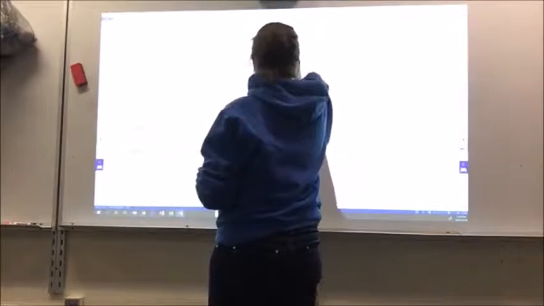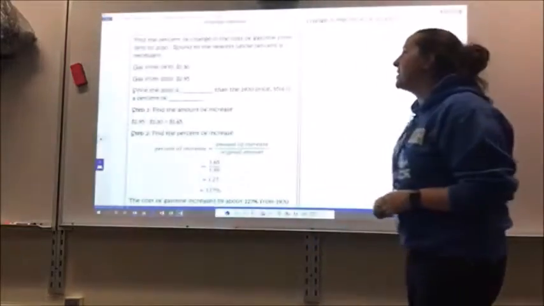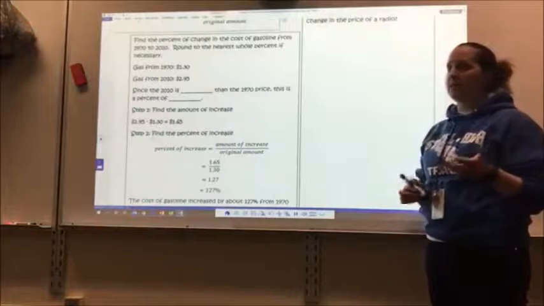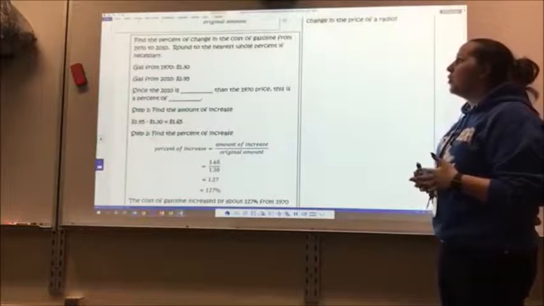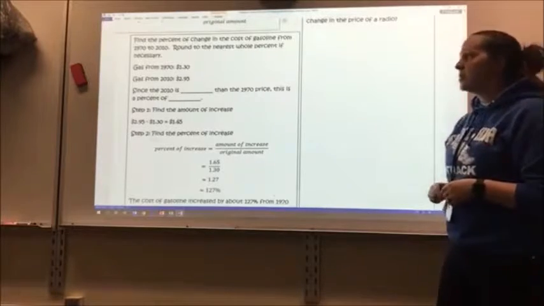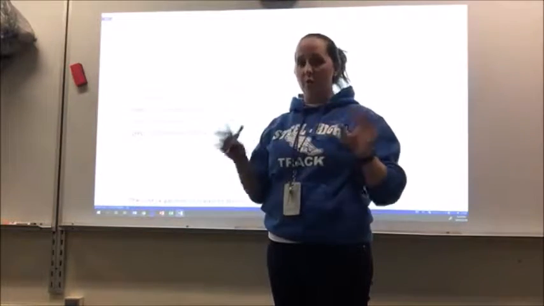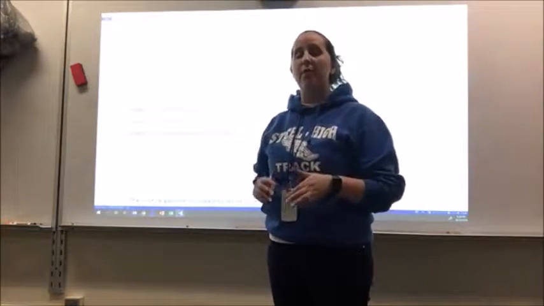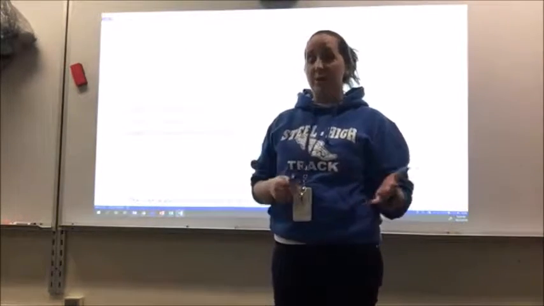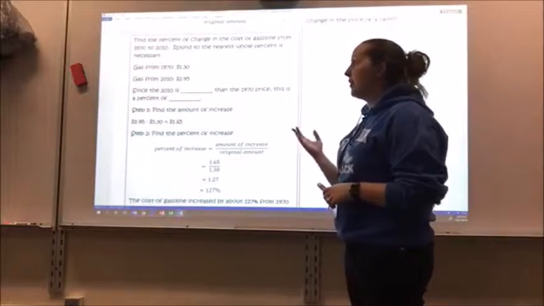All right, so let's take a look at an example. The example says find the percent of change in the cost of gasoline from 1970 to 2010. Round to the nearest whole percent if necessary. What it means if necessary is when you've done all your solving, if it's a decimal, you can round to the nearest whole percent. So gas from 1970 cost $1.30.